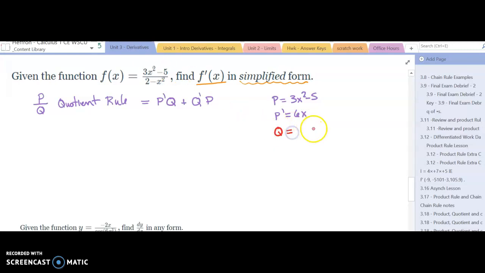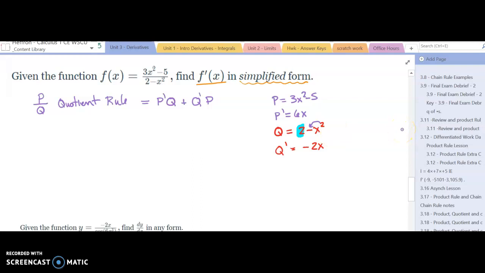Q will equal 2 minus x squared. Q prime will be negative 2x because the derivative of the 2 is 0. I'll bring the 2 down. 2 times the negative 1 that's there is negative 2x to the 1.